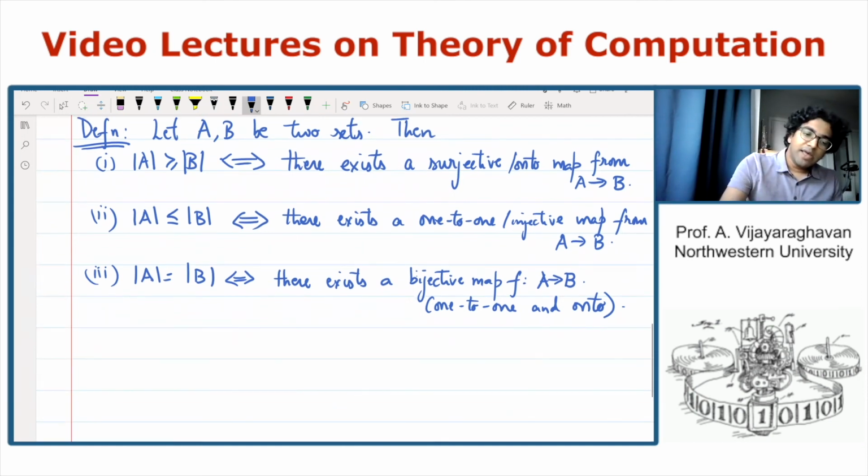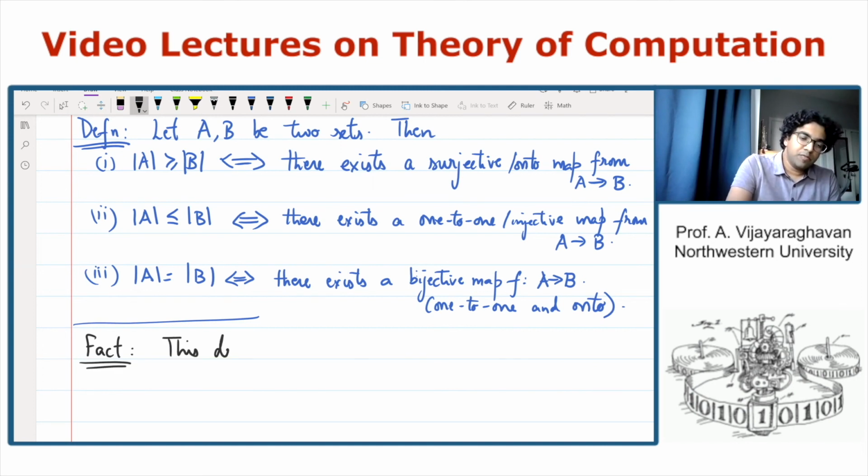And the nice thing is that there's a fact: this definition is consistent with the same notion for finite sets.